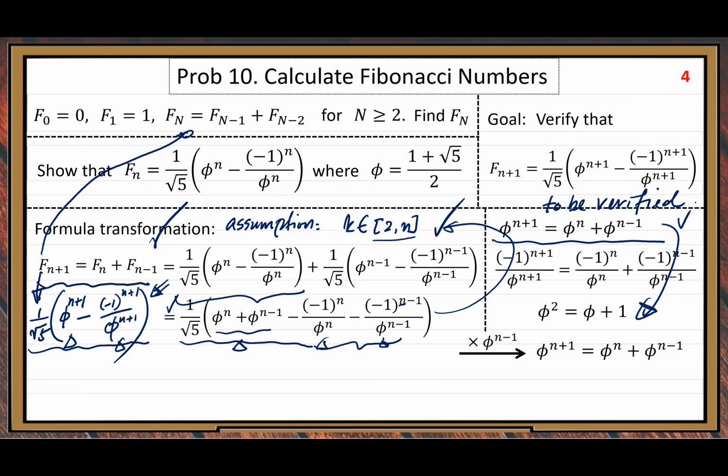Then the remaining work is the fractional part verification. For the fractional part, here we put a question mark because we don't know whether this equality is true or not. Our goal is to verify this equality, but it's unknown at this point.